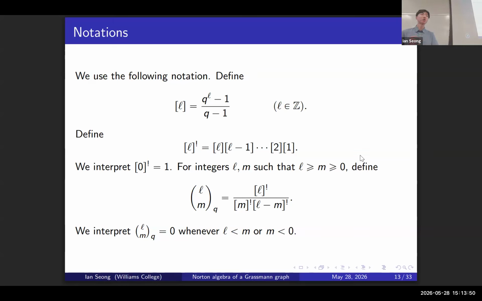And we define what is called a q-binomial coefficient. So l choose m in the q sense is bracket l factorial over bracket m factorial times bracket l minus m factorial. You see the analogy with the usual l choose m; it's just that we're sticking a q somewhere appropriate. And of course, we interpret l choose m sub q as 0 whenever the top is smaller than the bottom or when m is less than 0.